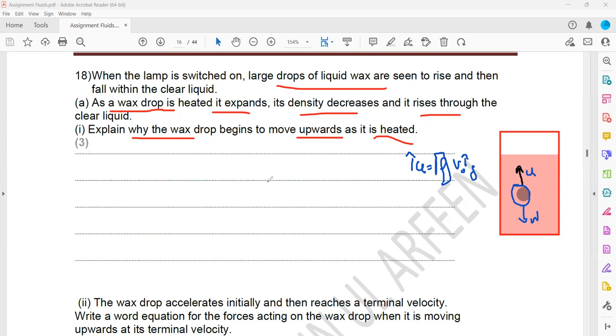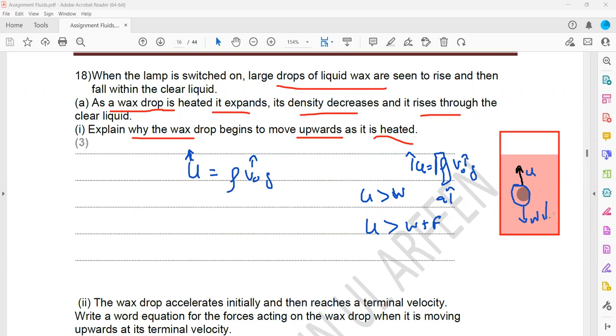Is this idea clear? Because the upthrust equals the density of the fluid times the volume of the object times gravity. If volume increases, the upthrust increases. Weight is not changing, so now the upthrust is more than the weight, which is causing an upward acceleration. Or you can say the upthrust is more than the weight plus the viscous drag.